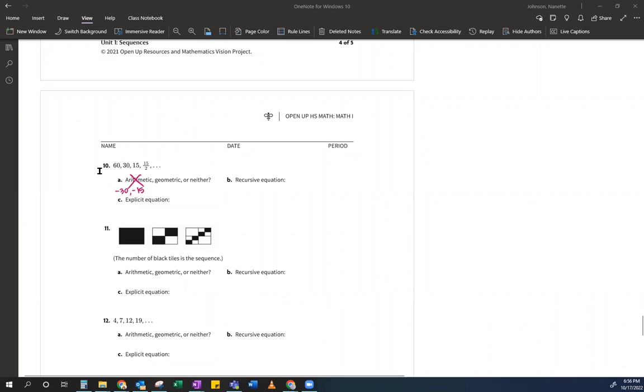So 30 divided by 60 is 1/2, which is the same as 15 divided by 30, which is the same as 15 over 2 over 15. All of these are exactly the same. I know this one looks really weird because it's a fraction, but if I divide this by 2, it's 15 over 2. So all I'm saying is this is my common ratio.